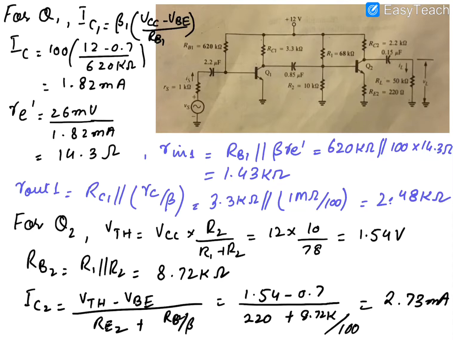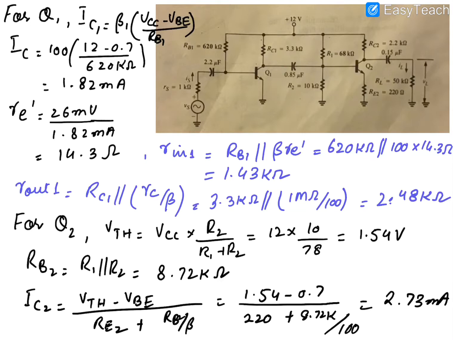So the input resistance for this first stage will be equal to RB1 in parallel with beta RE dash. Beta RE dash is basically the input resistance of Q1. So this R in 1 is equal to 1.43 kilo ohms. Now the output resistance of the first stage, we have to find R out 1 here at this point.